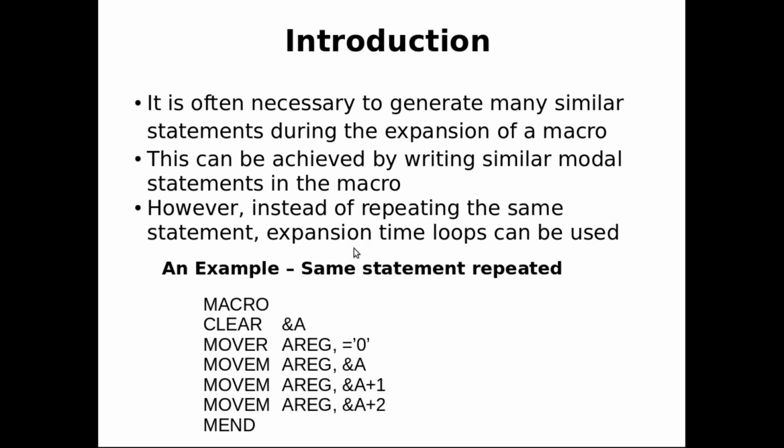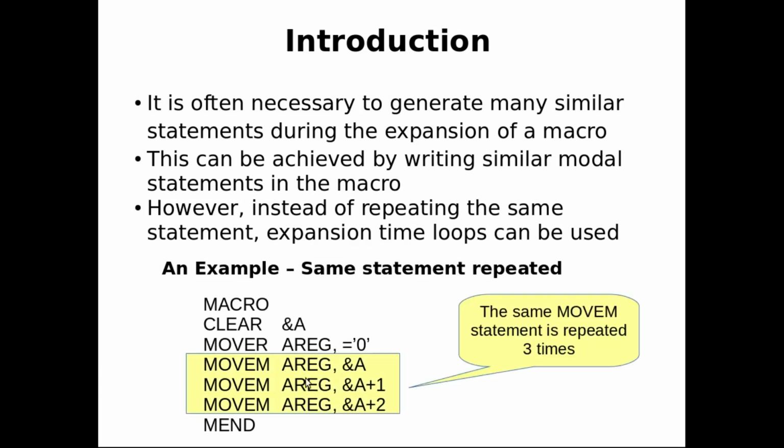To explain this, let us consider this macro where we have used the same statement repeatedly. As you can see in this part of the code, we have repeated the move m statement 3 number of times, and they are almost similar except that we add 1 here and we add 2 here. So we are repeating the same statement multiple number of times.